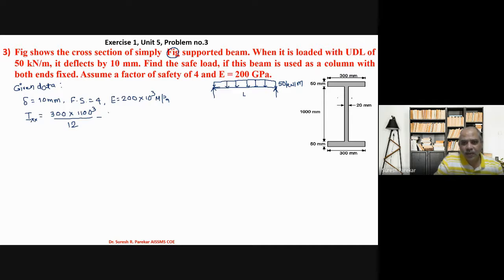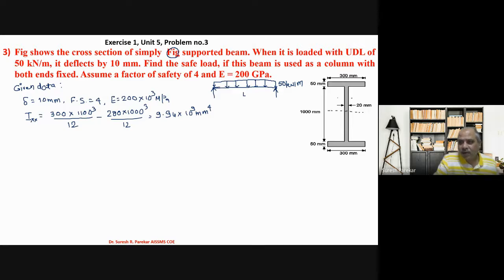That is, B will be 280 into 1000 cube by 12. So from this we will get the value of Ixx, and that is 9.94 into 10 raised to 9 millimeter to the power 4. So this is our value of Ixx.